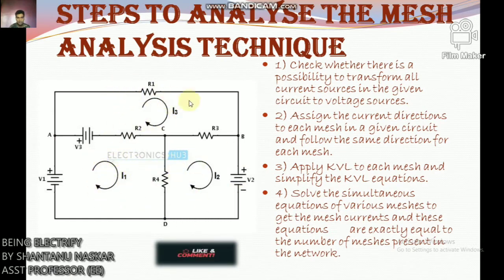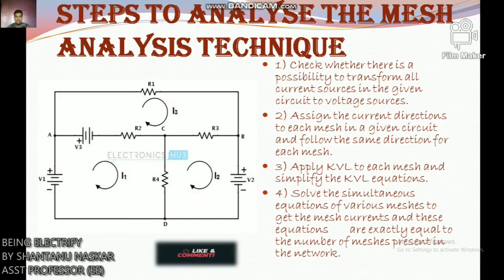Mesh 1, mesh 2, mesh 3. As a first step, the current through each mesh is assigned with the same direction as shown in the figure, and this is clockwise direction.